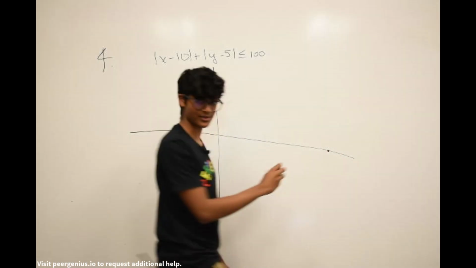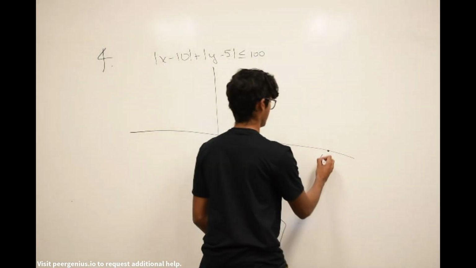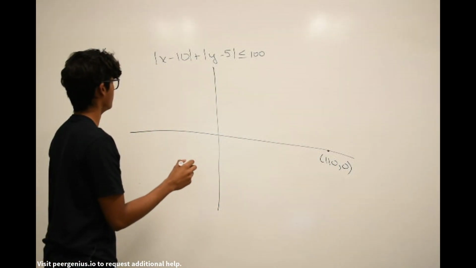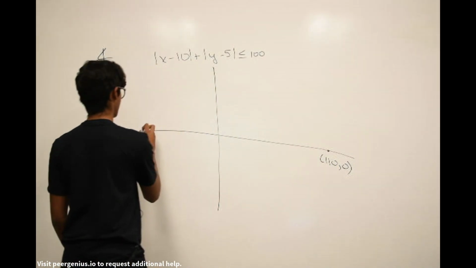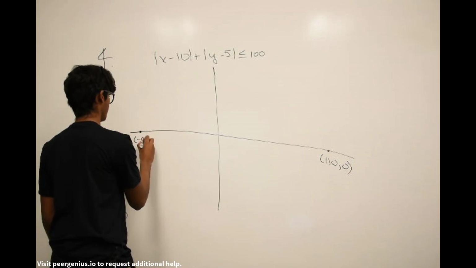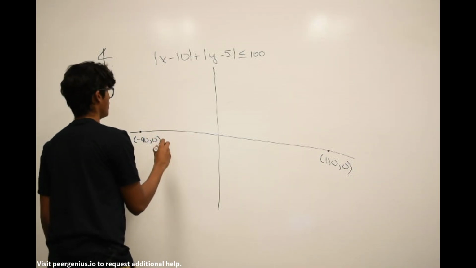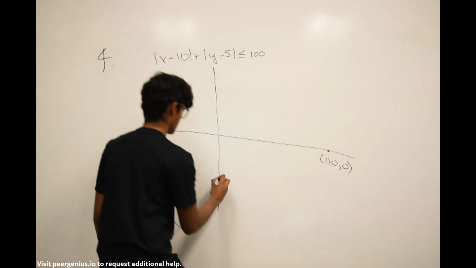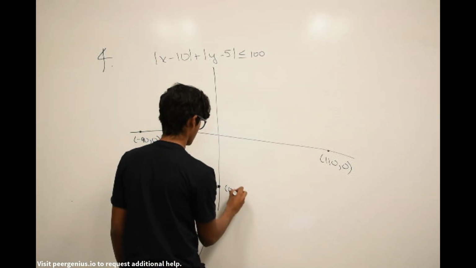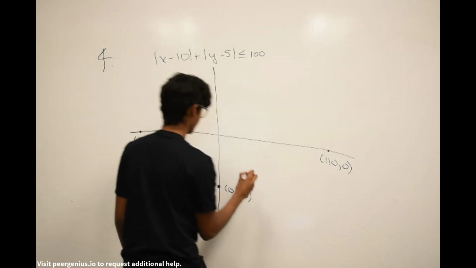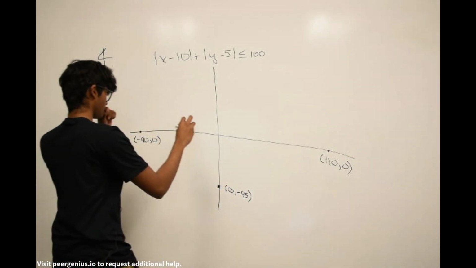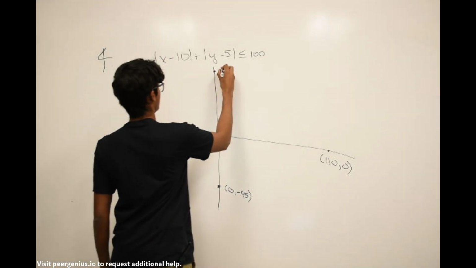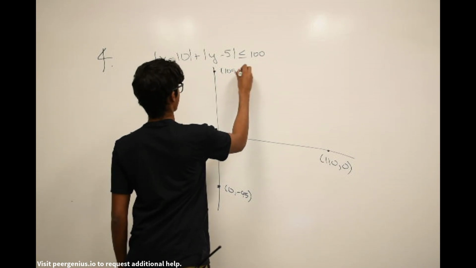This is not going to be to scale, but the maximum value when x is negative is going to be negative 90, 0. When x is 0, the negative value is going to be 0, negative 95. And when x is 0, the positive y value is going to be 105, comma 0.